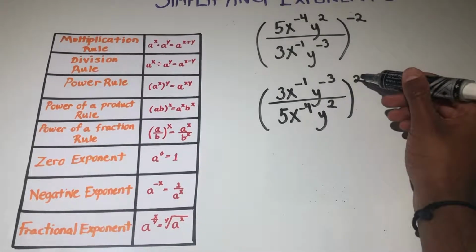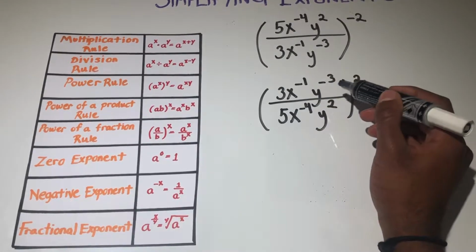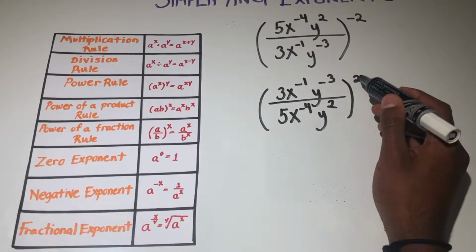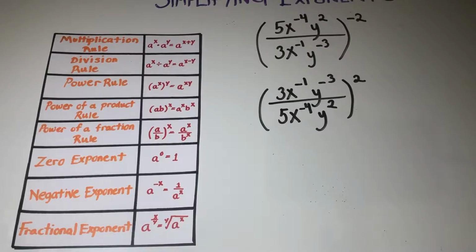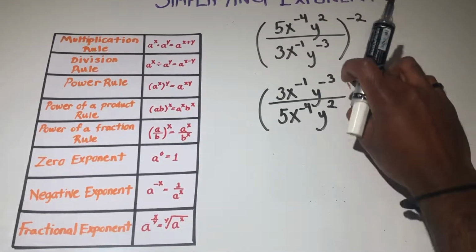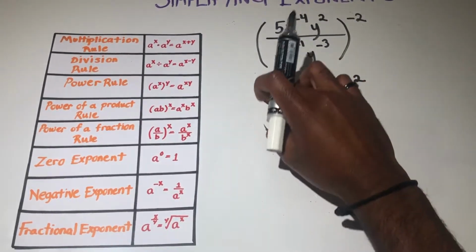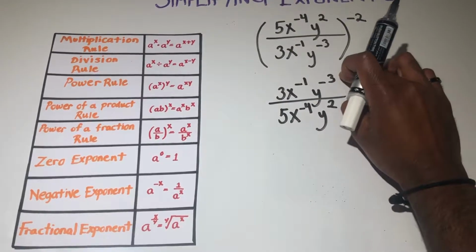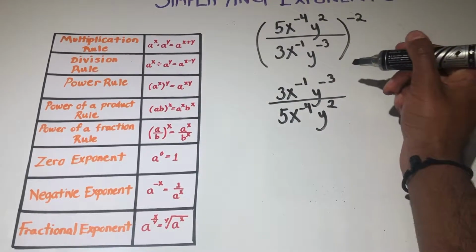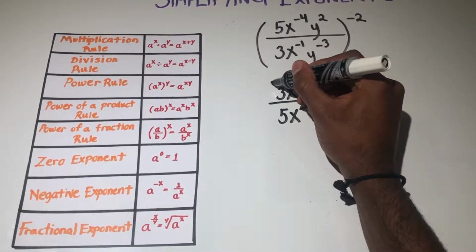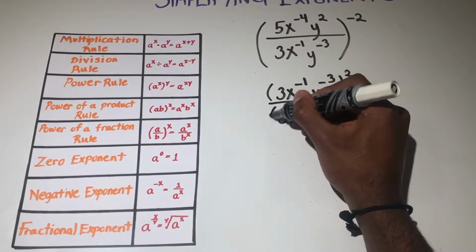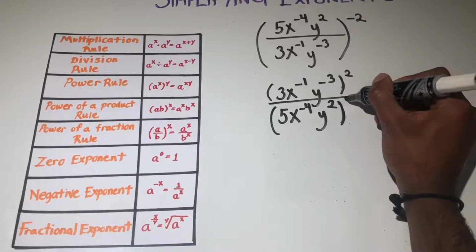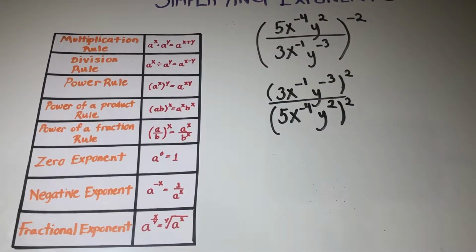Now, since the whole expression is to the power of 2, this means that the whole numerator is raised to the power of 2 and the denominator is raised to the power of 2 as well. So just to avoid confusion, we can get rid of those big parentheses and distribute the power of 2 in the numerator and the denominator.